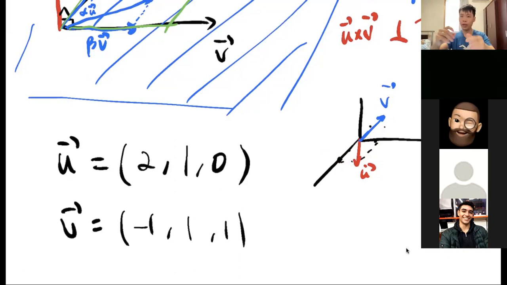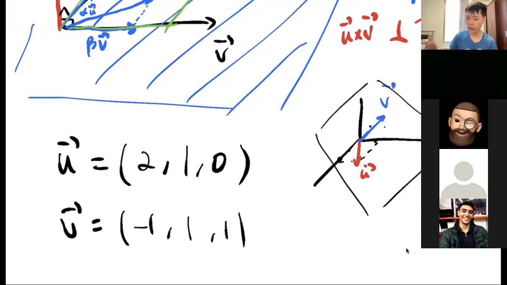So u is an arrow going in this direction, and then v is sticking out of the board, in the direction I'm facing. And the plane spanned by the vectors u and v looks like this.